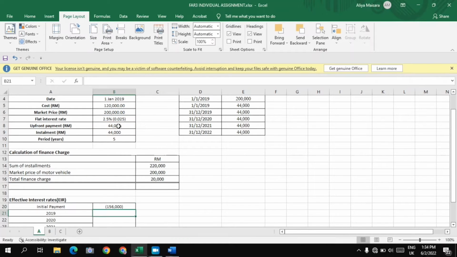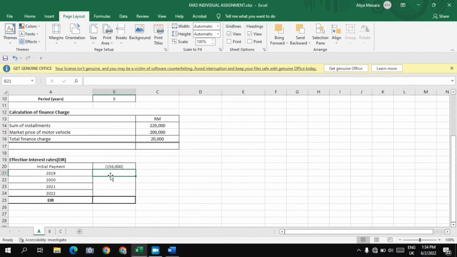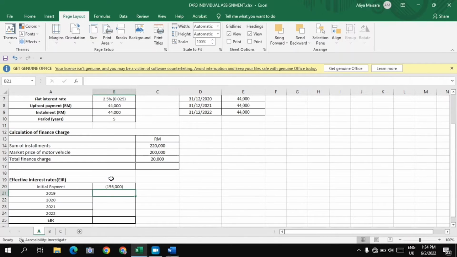For the year 2019 until 2022, we put the figure of 44,000 ringgit each year for the installment payment. We can get all the figures from the information given above.